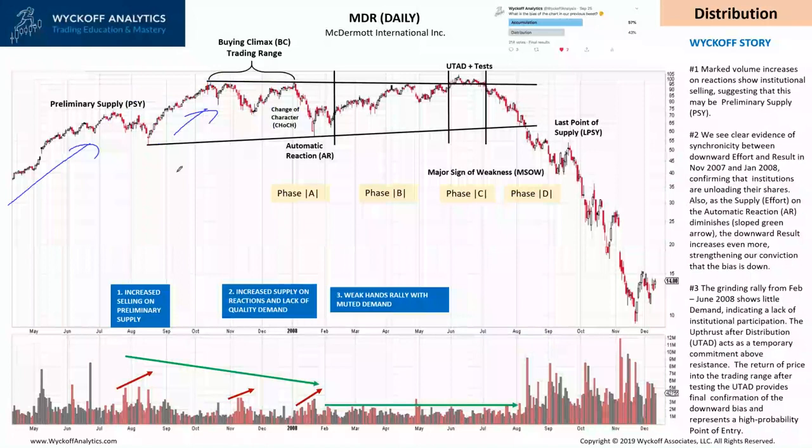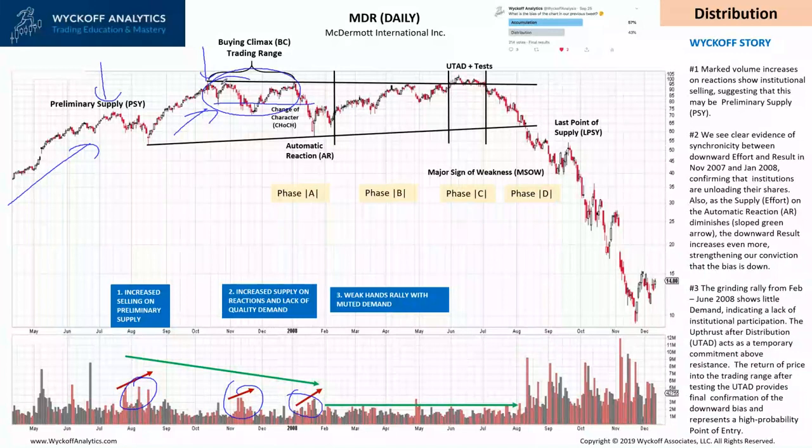This is just one of the ways. This is where value investors are distributing into the strength, and that creates a smaller distributional range right here that has its own structure, phase A, B, C, and then this small causality produces the first initial move to the downside.